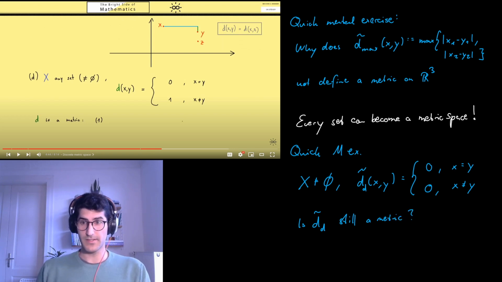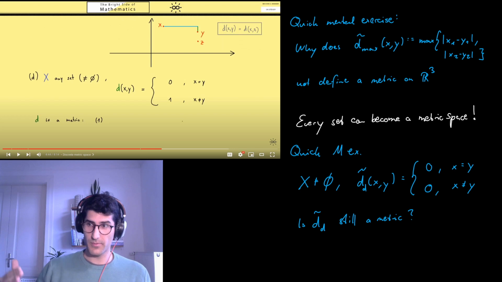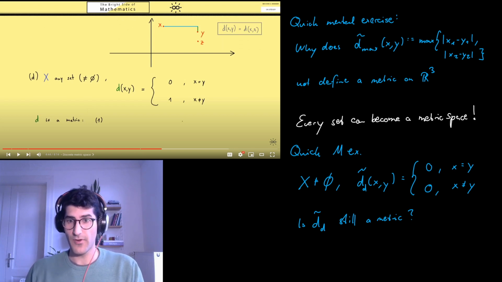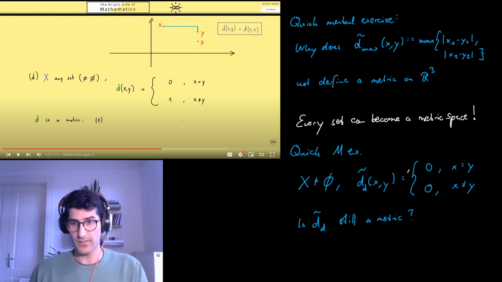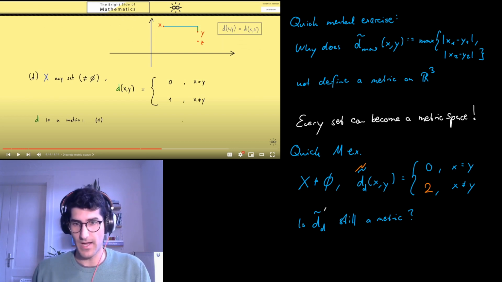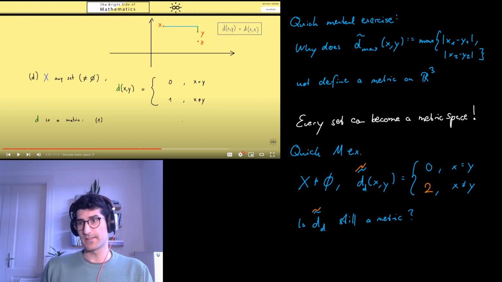You can ask yourself this, go through the properties, and also check the proof that is in the video from The Bright Side of Mathematics if you have any questions. And as a further addition, you can also ask yourself, is, let's say, d double tilde, where we set it to 2 if x is not equal to y, still a metric?